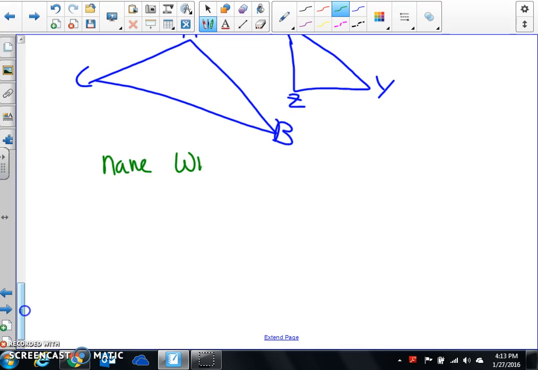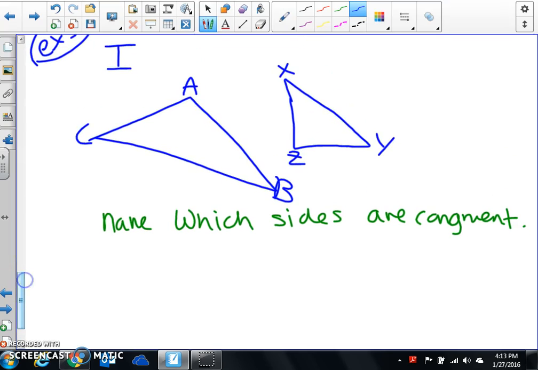Name which sides are congruent. Okay. So I first have to make sure that I have my angles. So I look on here. Let's go ahead and put some on there.